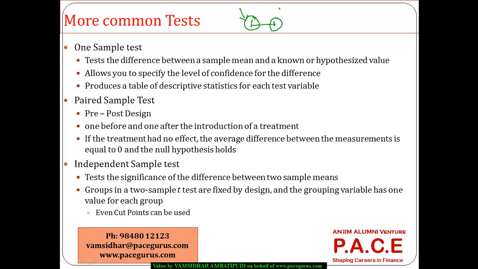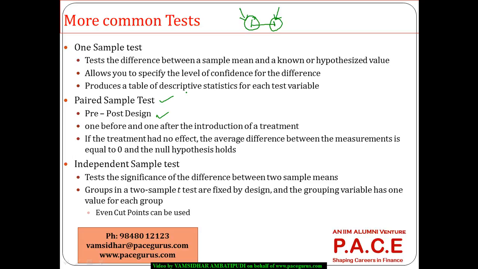Post the treatment, I'm checking the same value. I want to see the difference between the two. Is there any significant difference before and after? So anywhere I want to look at pair-wise comparison rather than group-wise comparison, I would go with a paired sample t-test.